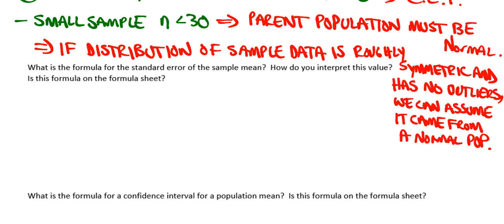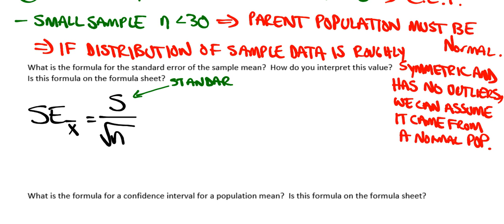So what is the formula for standard error of the sample mean? It's similar to the standard deviation of the sample mean, but instead of using the population standard deviation, you use the standard deviation of the sample. So remember, s is the standard deviation of the sample.